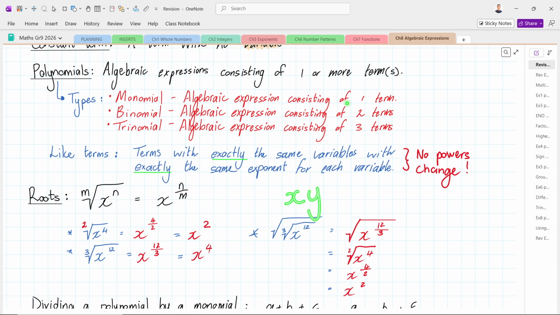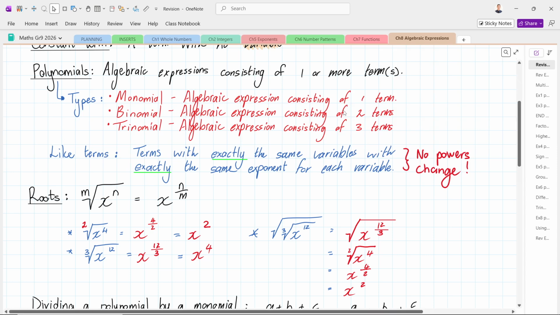So if I have xy squared and x squared y, those aren't like terms. They have the same variables, but they do not have the same exponents for each of the variables. And quite importantly, when we're dealing with like terms, our exponents or our powers do not change. Now I'm going to run through some examples just now so you can refresh your memory here.